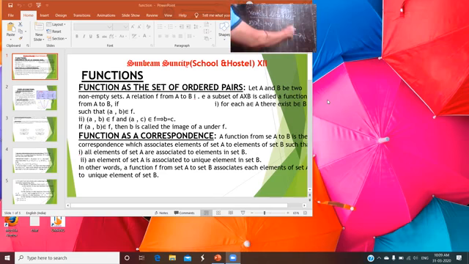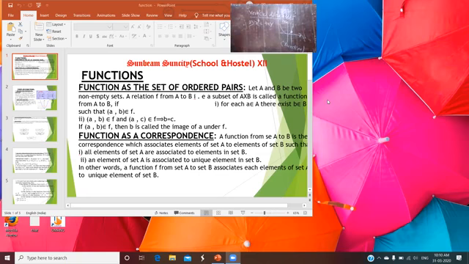Here, if you draw a line parallel to the y-axis, you see that the parallel line intersects the curve at only one point, so you can say that it is a function. This is the method by which you can check whether it is a function or not. That is known as the vertical line test.